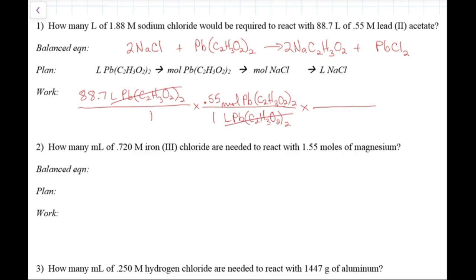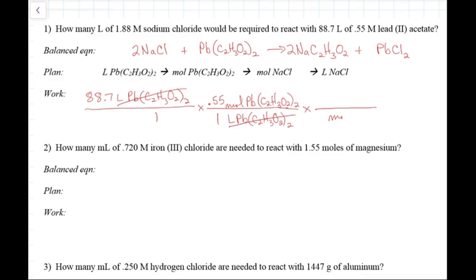And then we're going to go to moles of NaCl. So moles on the bottom will be moles of lead 2 acetate. And on the top, we're going to have moles of NaCl. And that, of course, comes from the balanced equation, right? So 2 moles of NaCl for every 1 mole of lead 2 acetate.